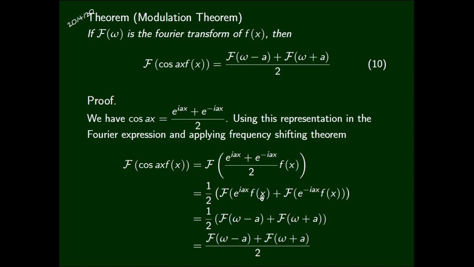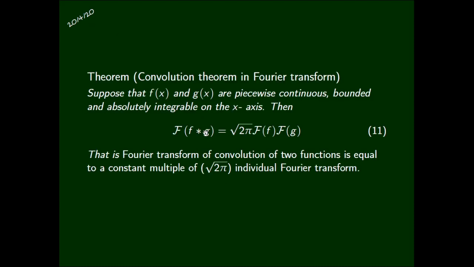When we multiply f of x by e raised to iax, it is shifted by a unit in the frequency domain, that is f bar of omega minus a. Here it is minus ia, so it is shifted by plus a units, f bar of omega plus a, by 2. So we got back this result, f bar of omega minus a plus f bar of omega plus a, by 2. That is called the modulation theorem. The only thing is we apply cos ax equal to e raised to iax plus e raised to minus iax, by 2, then apply the shifting theorem in the frequency domain.